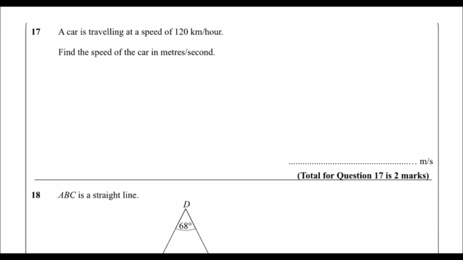Question 17. A car is traveling at a speed of 120 kilometers per hour. Find the speed of the car in meters per second. So a kilometer is 1,000 meters. So if it's going 120 kilometers per hour, that means it's going 120,000 meters in every hour.